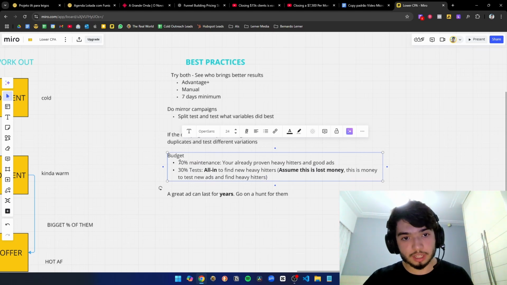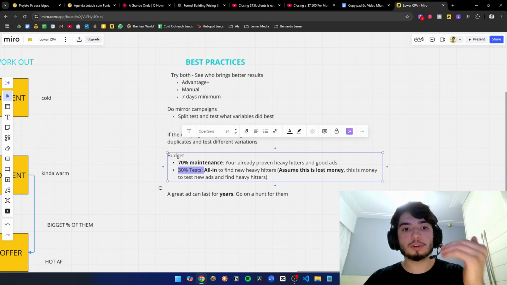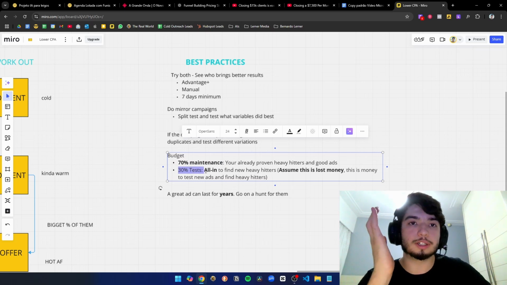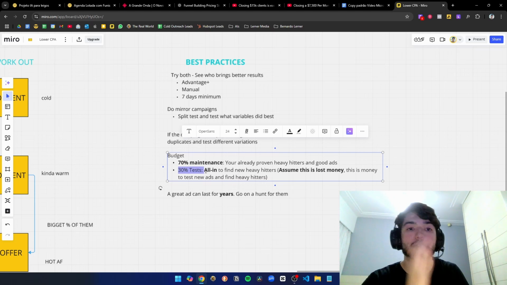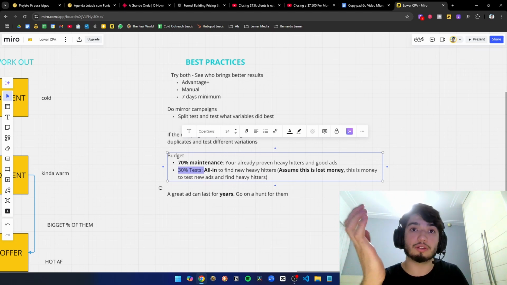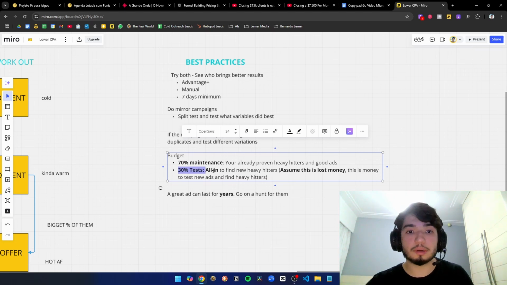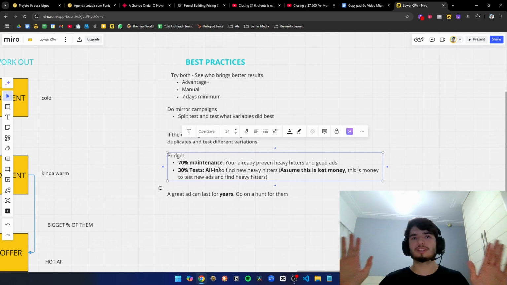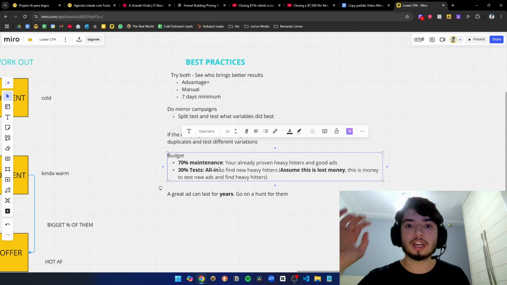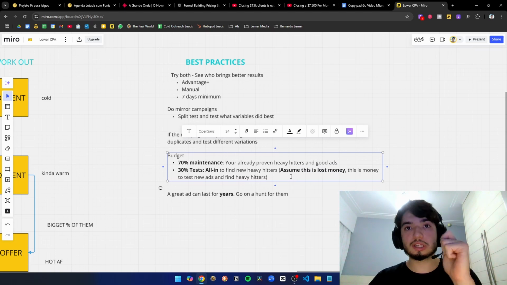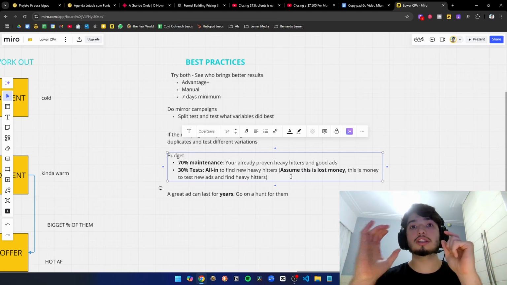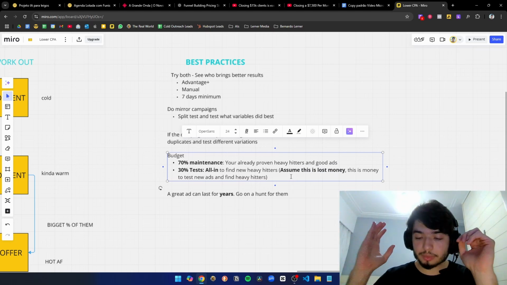But basically, 70% is maintenance to keep your current revenue in, to keep your constant deal flow in, and 30% is to go all in and test the craziest ideas. And you have to assume this is lost money, but it's the same thing as venture capital.